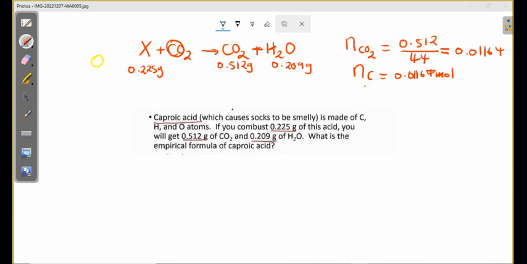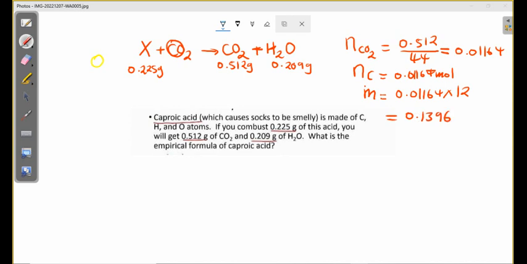So the number of moles is 0.01164 times the molar mass for carbon, that is 12. So let's multiply by 12. 0.1396 grams of carbon. So we know the mass of carbon.